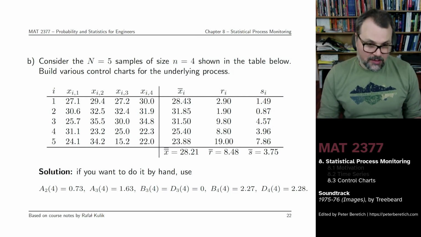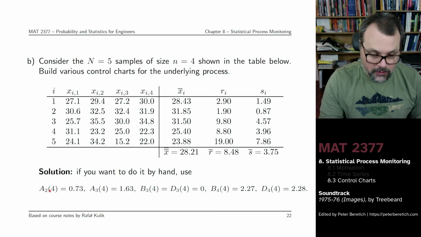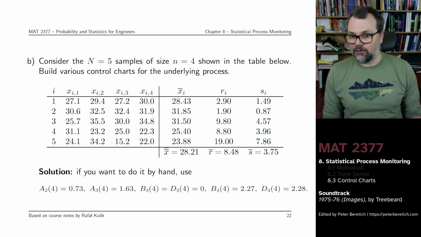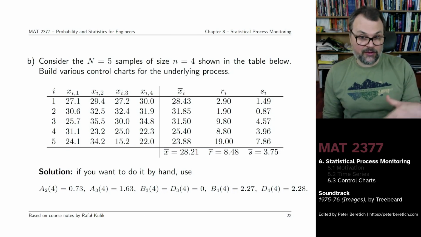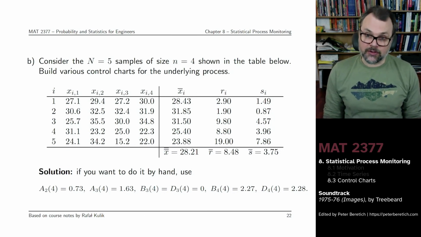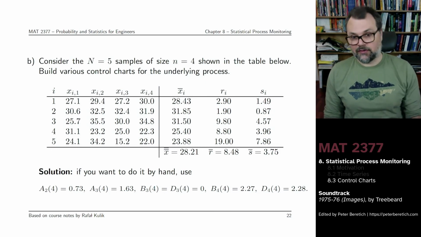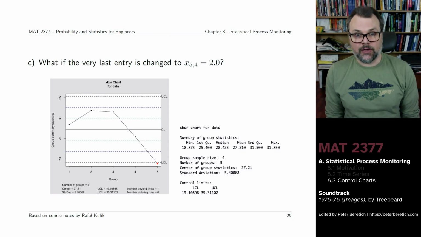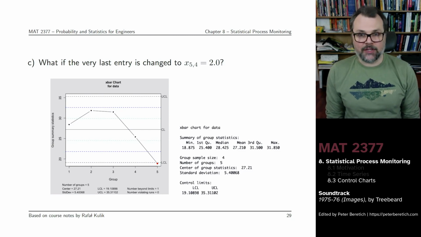But how these quantities here are computed, the A2, A3, B3, D3, B4, D4, coefficients for various values of n, we make a lot of assumptions to get coefficient values here. This is not a completely controversy-free approach or application of statistical analysis.